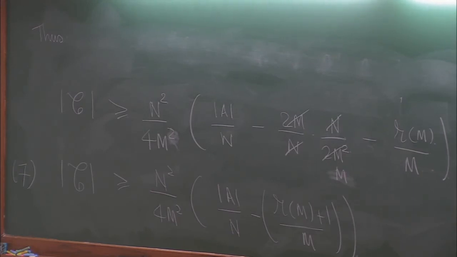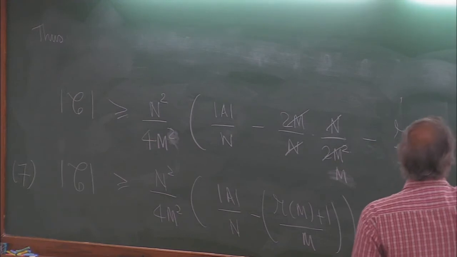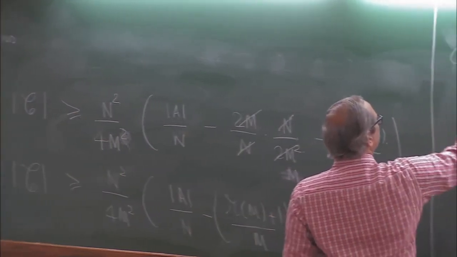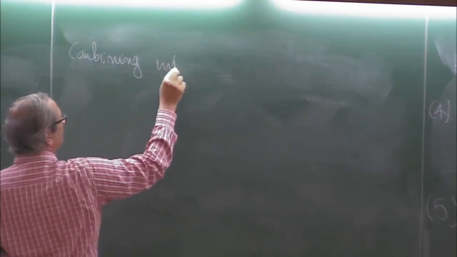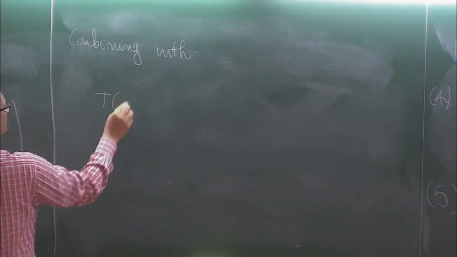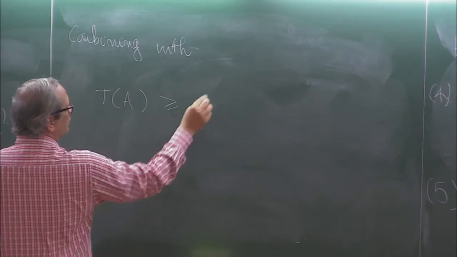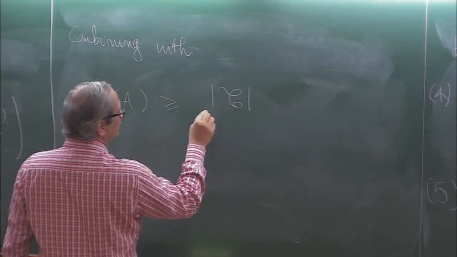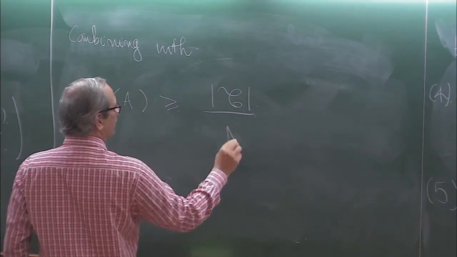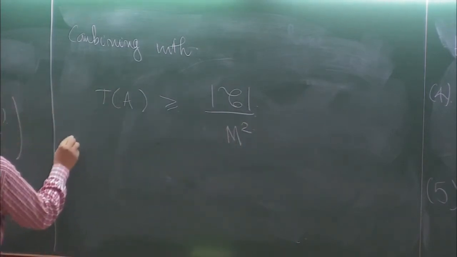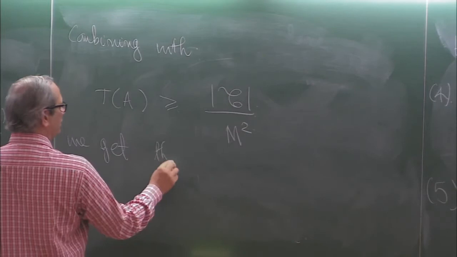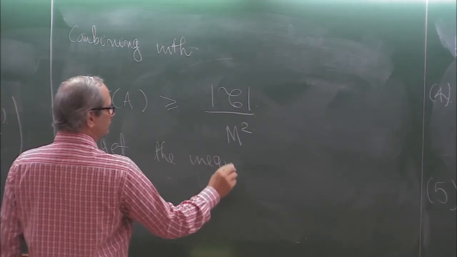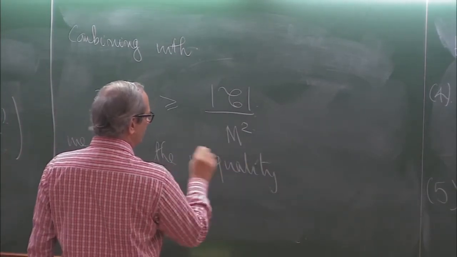So anyway, combining with TA is greater than or equal to cardinality of C by m square, we get the inequality stated in the theorem.